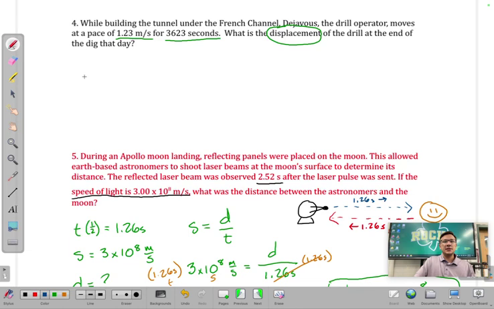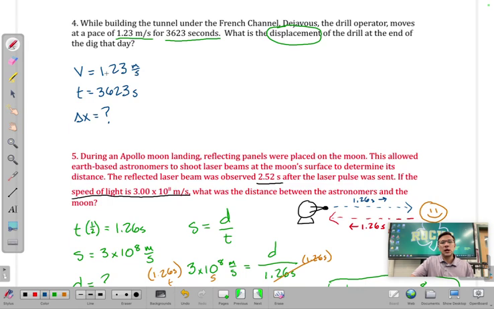So it's asking us to solve for displacement. Okay, so displacement, I'm just going to write it down here, is delta x. All right, and if we're talking displacement, that means technically what it gave us here with the time of 3,623 seconds is a velocity, okay, of 1.23 meters per second.